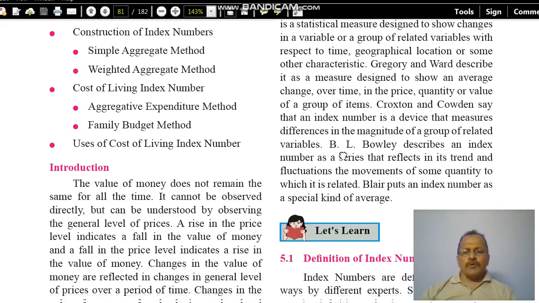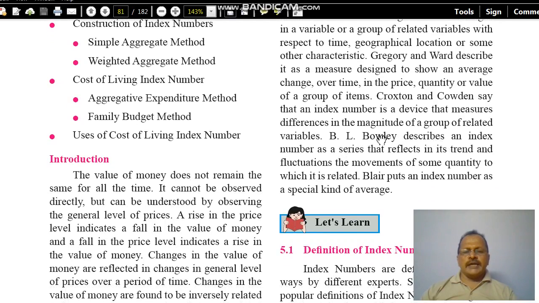And A.L. Bowley describes an index number as a series that reflects in its trend and fluctuations the movements of some quantity to which it is related. Blair puts an index number as a special kind of average.